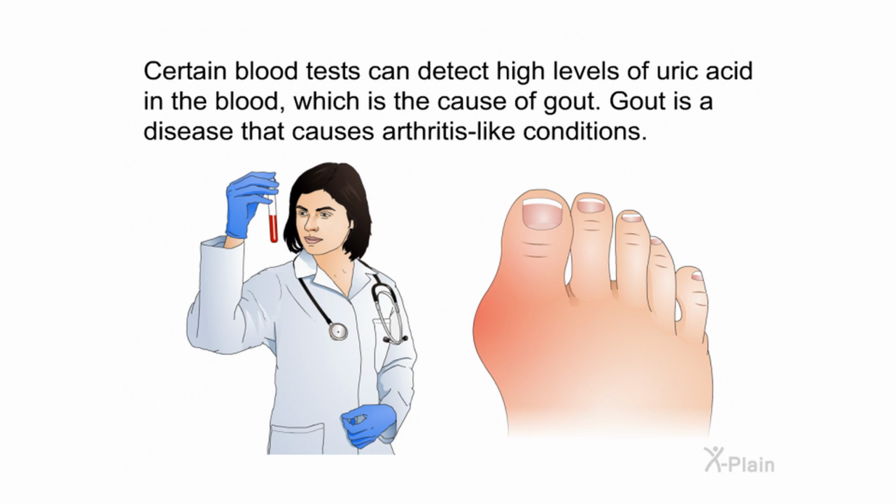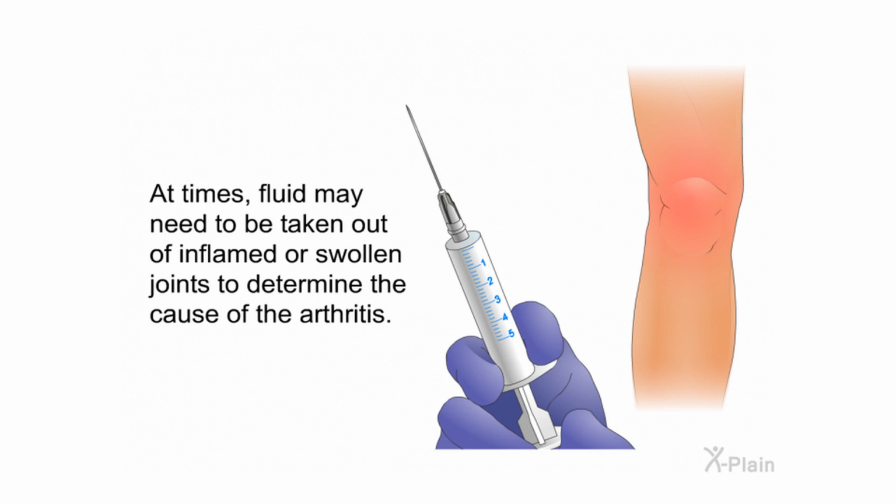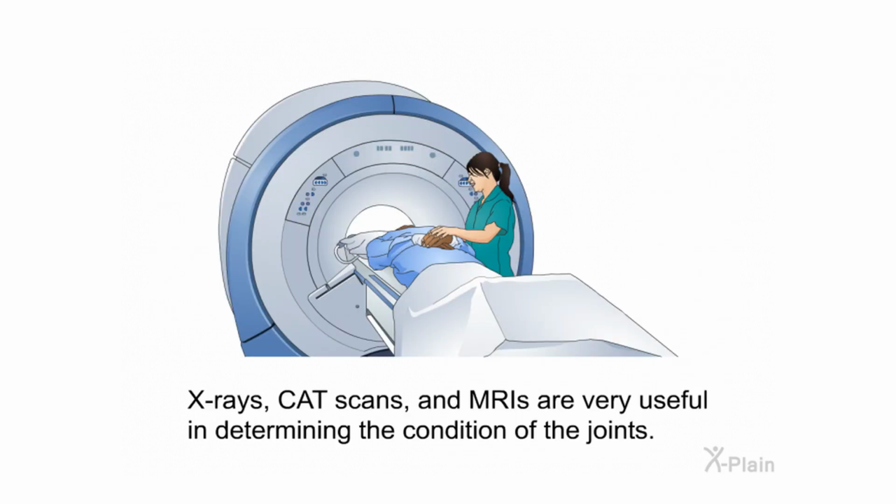Certain blood tests can detect high levels of uric acid in the blood, which is the cause of gout. Gout is a disease that causes arthritis-like conditions. At times, fluid may need to be taken out of inflamed or swollen joints to determine the cause of the arthritis. X-rays, CAT scans, and MRIs are very useful in determining the condition of the joints.